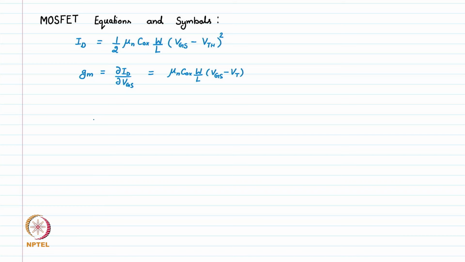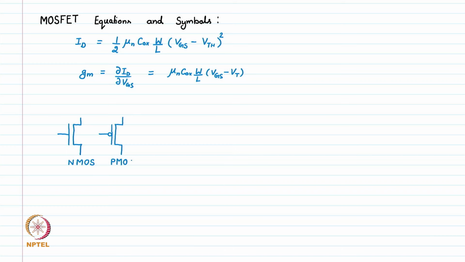Now if we see the symbols which we use to represent MOSFETs, there are multiple symbols. For example, this is the symbol for an NMOS, and this is the symbol for a PMOS.